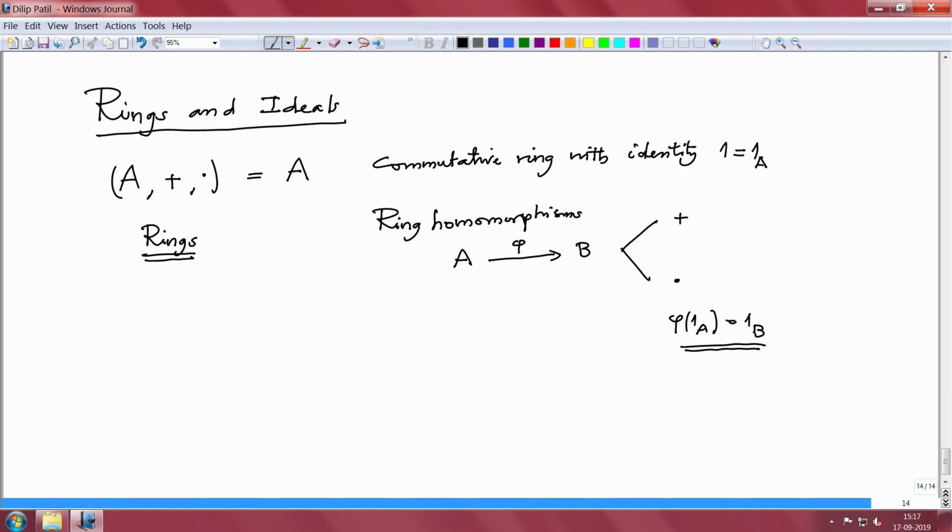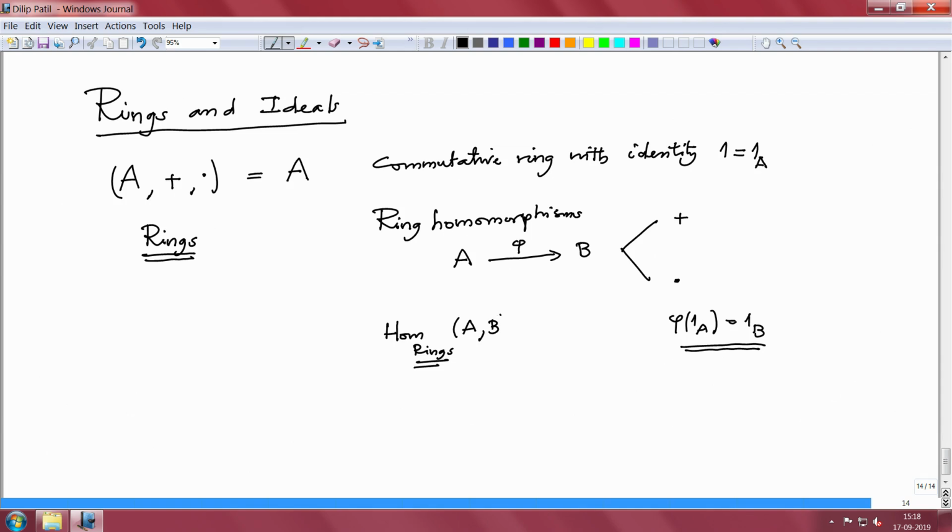Then the set of all ring homomorphisms from A to B is denoted by Hom_Rings(A, B).